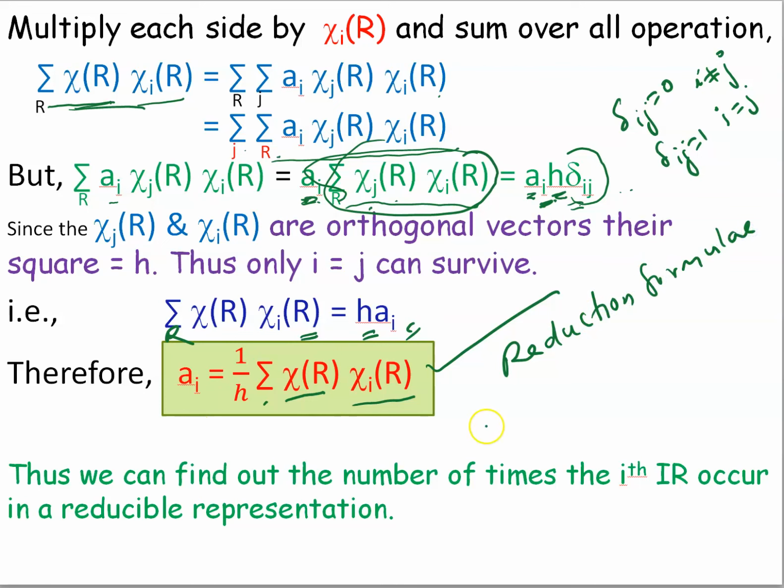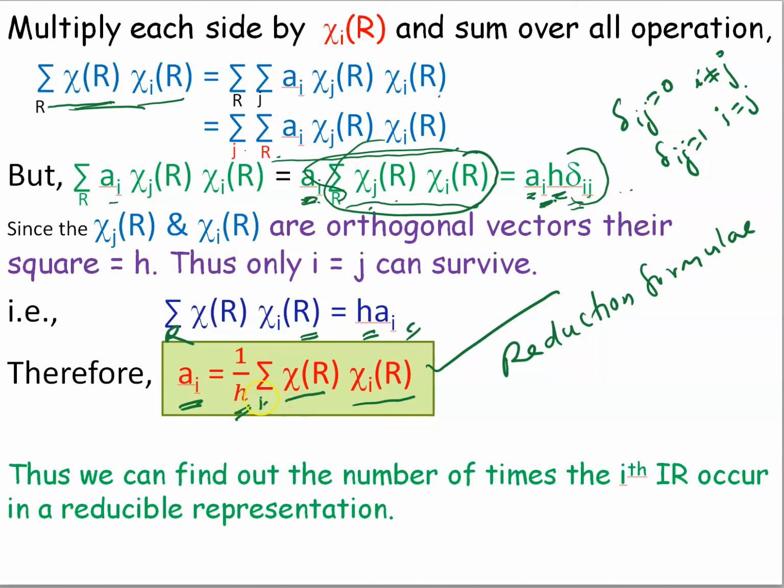And what does this equation mean? Here, what is Ai? Ai is the number of times the ith irreducible representation is present in the given reducible representation. We are going to reduce a reducible representation. h is the order of the group.